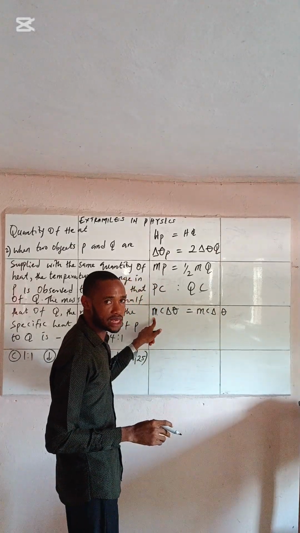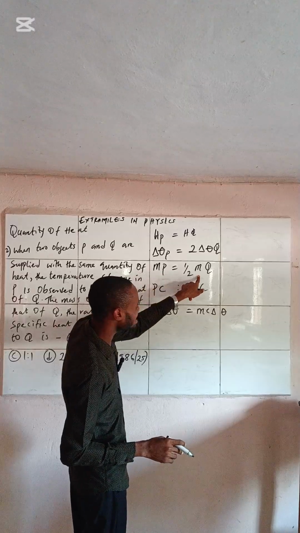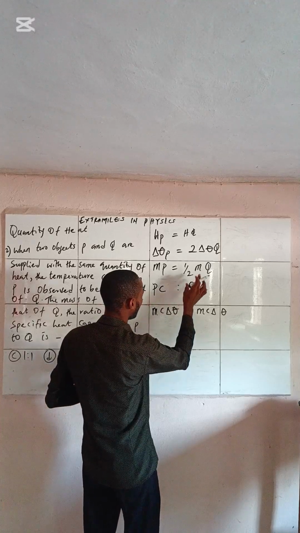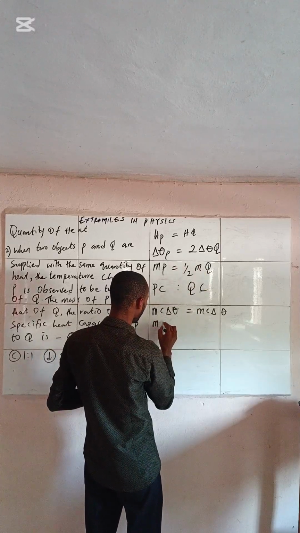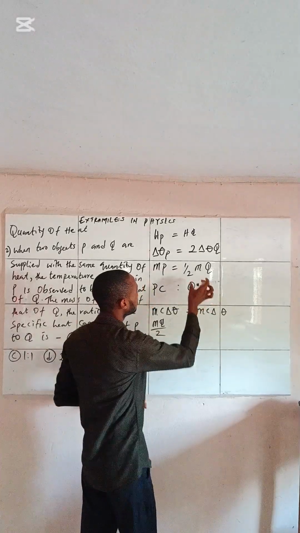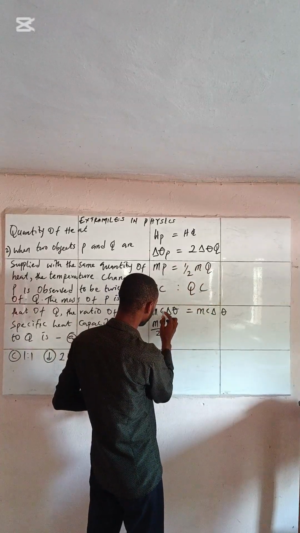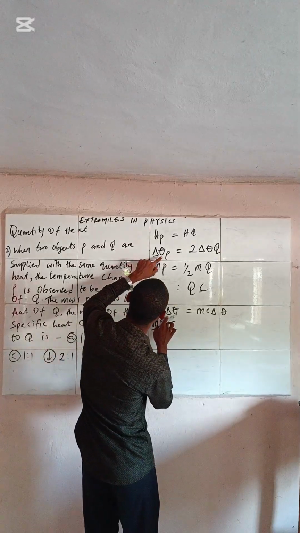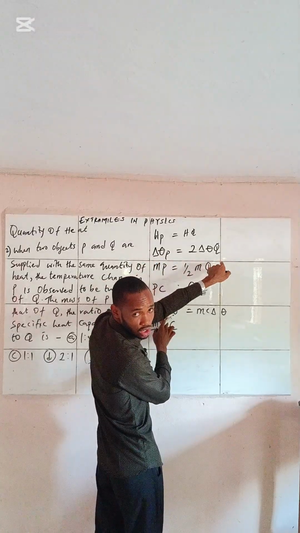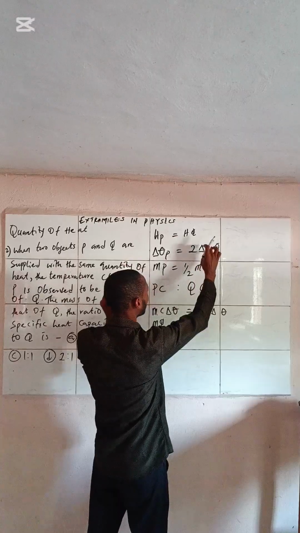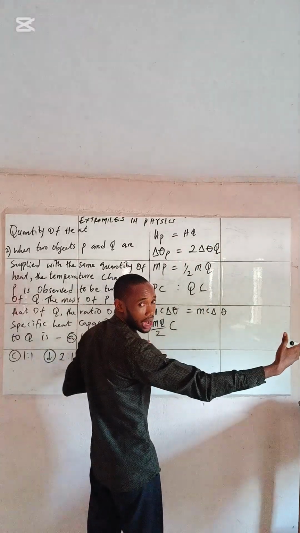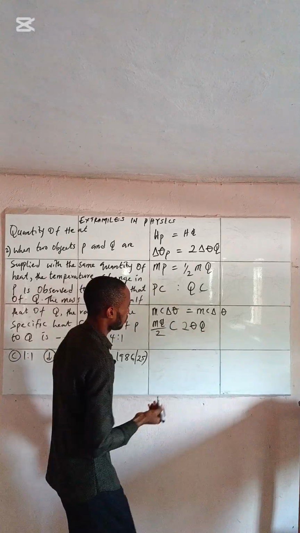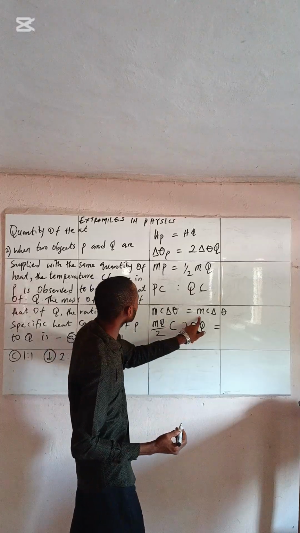This is the mass of P. Our mass of P, they told us, is half the mass of Q. So we have half the mass of Q, which is the same thing as writing MQ over 2. Then C. Temperature change of P is twice the temperature change of Q, so multiplied by 2 theta Q.